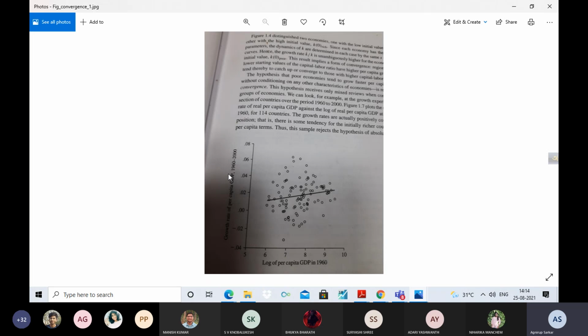This is the plot that is obtained by looking into a group of economies. The time period is from 1960 to 2000, and in the x-axis we have taken the log of per capita GDP in 1960. You can think of these values as the initial capital stock, initial capital to labor ratio.